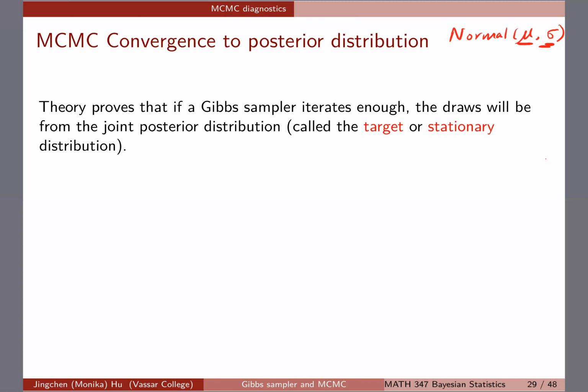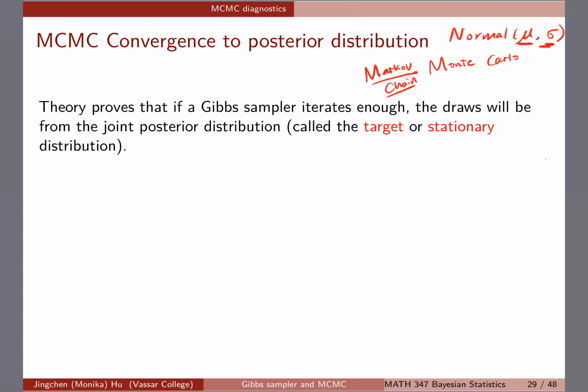Another thing I talked about last time is Monte Carlo. When we covered it before, we were doing independent draws, and independent draws are a good summary of the actual posterior distribution. But the Gibbs sampler is MCMC, Markov chain Monte Carlo, and the Markov chain aspect is how we're doing it iteratively.